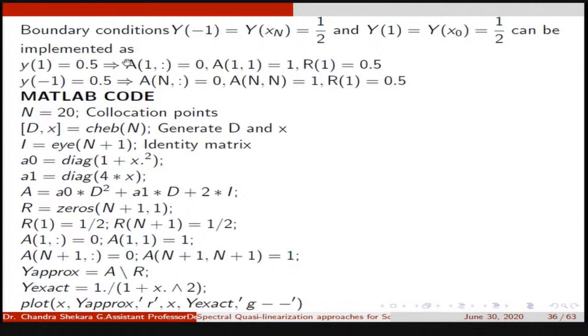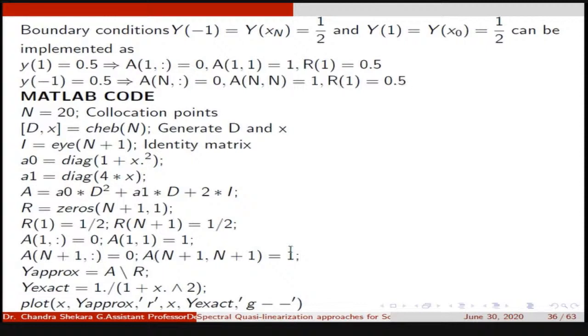So implement the boundary conditions in the matrix in this form. y of 1, the right boundary condition, is implemented at the first row. This is the first row, changes in the first row of the matrix. And y of -1 is 0.5. That is implemented at the last row. It is supposed to be n plus 1 at the last row. Yes, sorry for that, it's a typing error. So implement at the last row. It is given here.